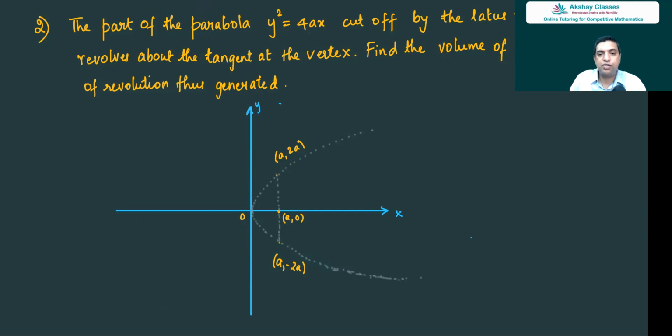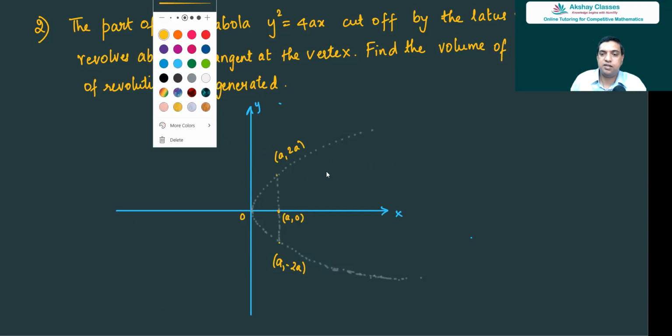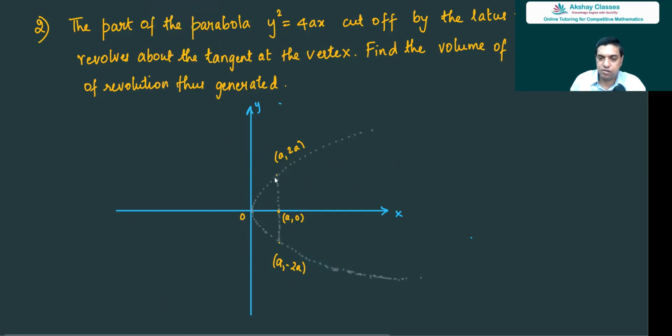So which portion of the parabola do we need to consider? So this portion. So this portion of the parabola is revolved about the tangent at the vertex.